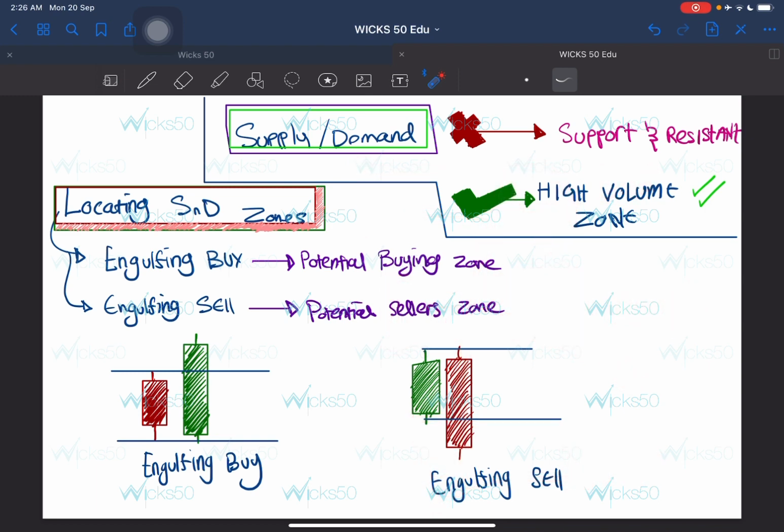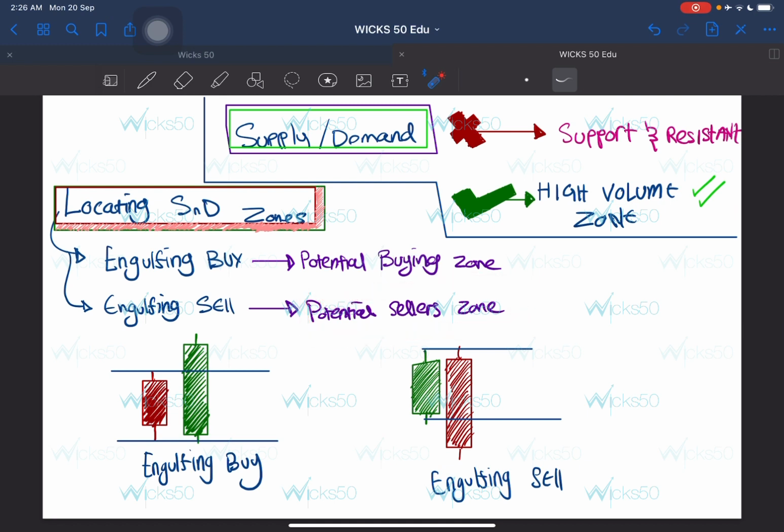Okay, so for what I have been using my whole life, I'm going to be sharing with you the things I do these days. So I use the concept of engulfing. Engulfing is a methodology for you to be looking at a potential reversal zone, either a potential reversal to look for a buy or a potential reversal to look for a sell.